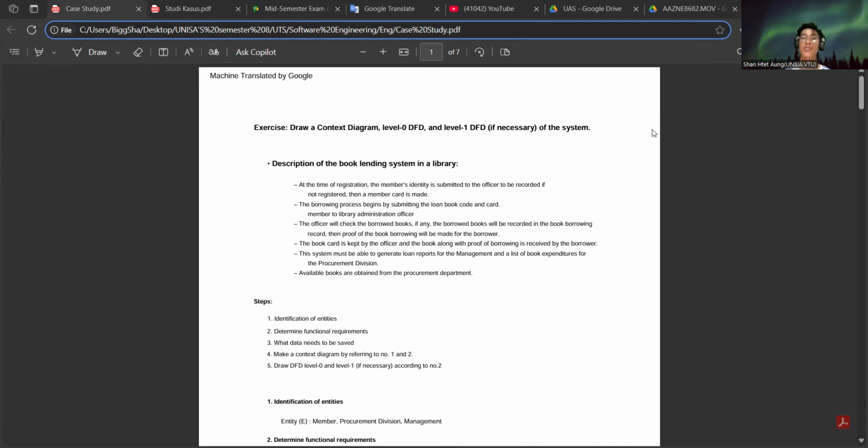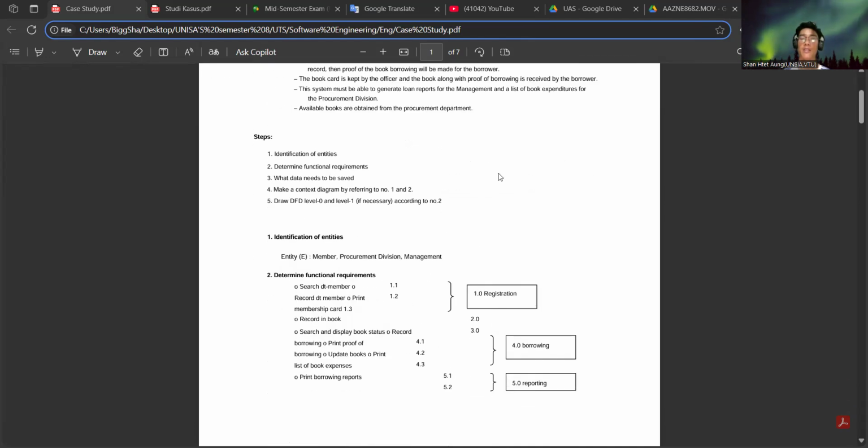Yeah, that's the definition of the borrowing system in the library. So there is the step to modify by drawing a context diagram. Yeah? So let's see the steps of the system. So first of all, we need to identify the entity.